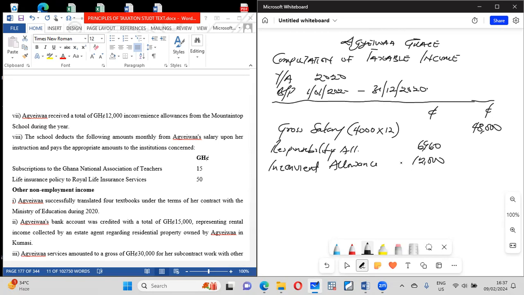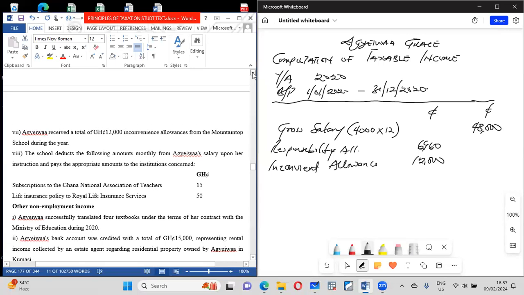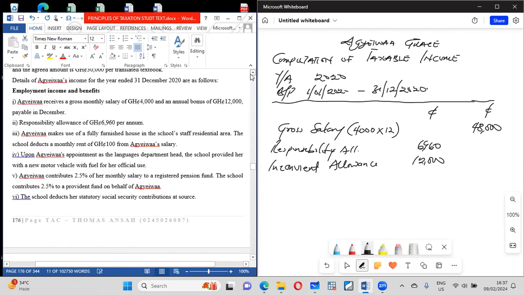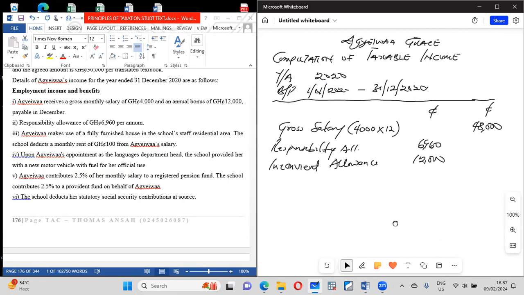So we have that. Now, we are told about a bonus. Let's go and check the bonus. Would there be excess bonus? The bonus is 12,000. If this is annual, 15% of that is how much?